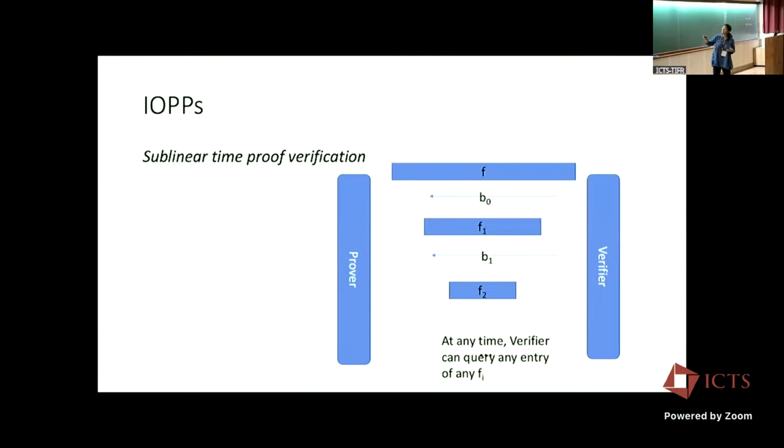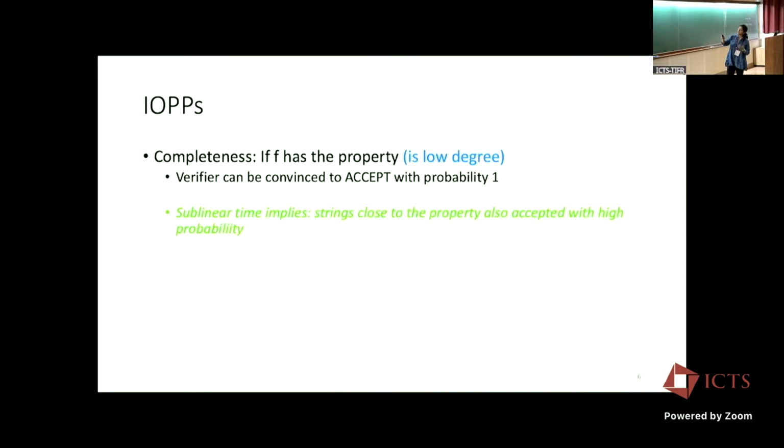So you have a prover and a verifier. The prover writes down some string. The verifier sends a query. The prover can write down another string. The verifier can ask a query. And after some interaction, the verifier agrees to accept or reject f. In this model, you can talk about completeness.